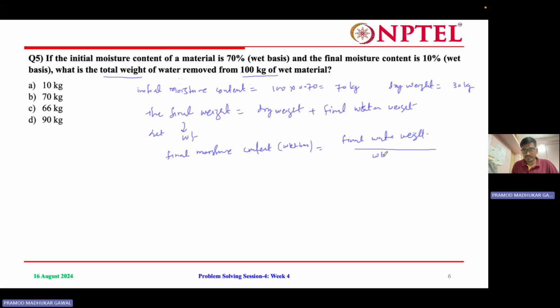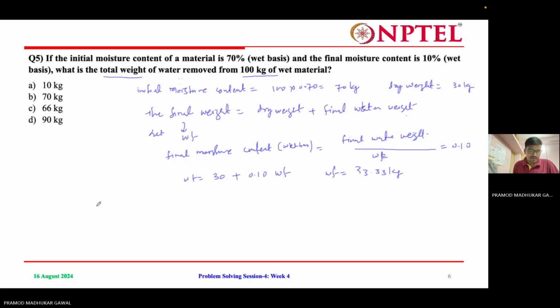That is, final water weight over WF equals 0.10. Now WF equals dry weight, here 30 kg, plus 0.10 into WF. So you'll get WF equal to 33.33 kg.